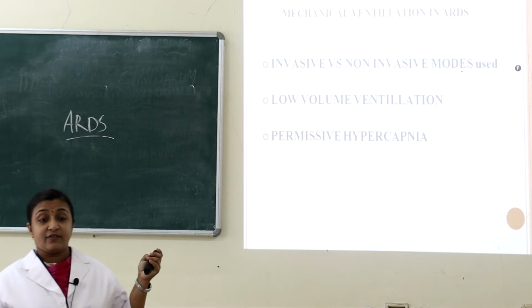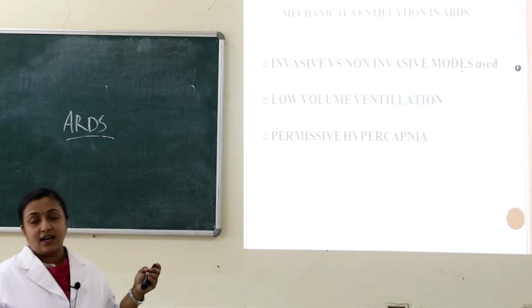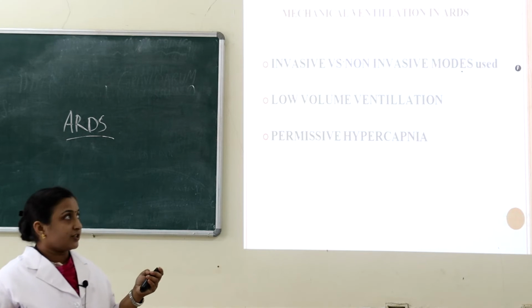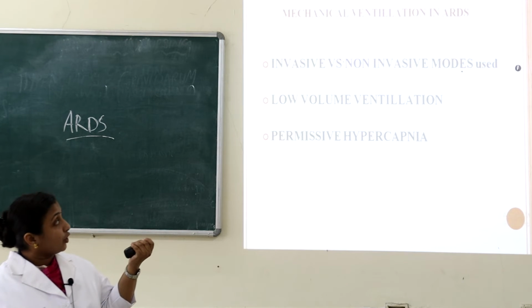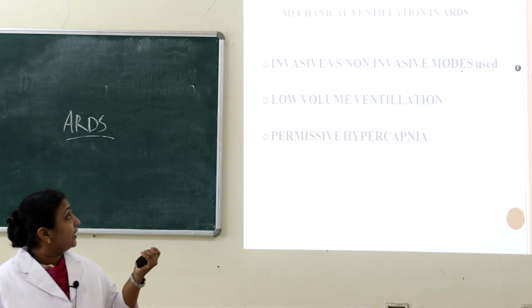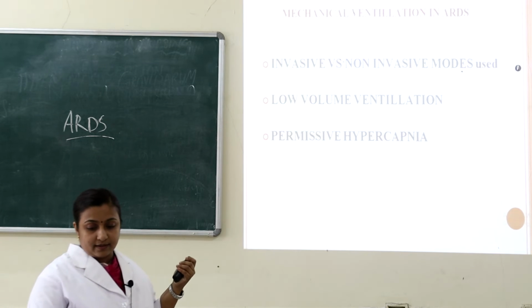Then other mechanical ventilation in ARDS patients, like invasive as well as non-invasive modes of ventilation, which is very important. Then low volume ventilation. Then permissive hypercapnia to expel the carbon dioxide.